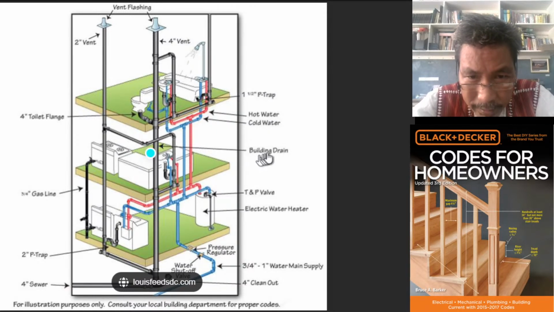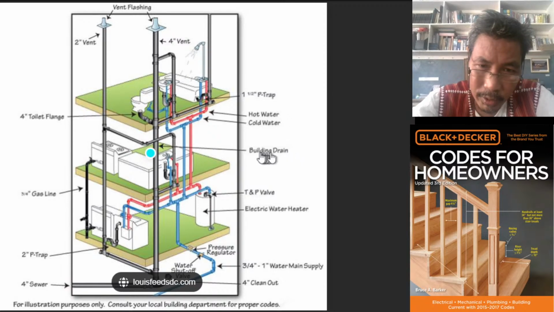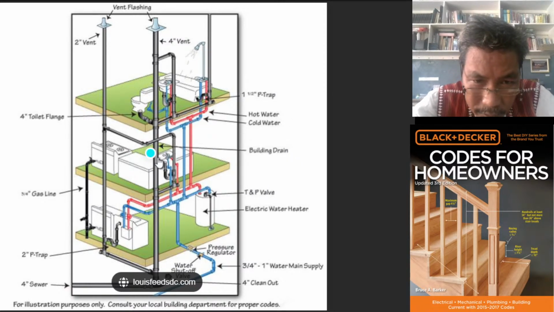This is the building drain. This is what we call the building drain. This big pipe is the building drain. This is the vent. So the 4-inch vent is connected to the drain. From this point, take note, from this point going up, that is vent.